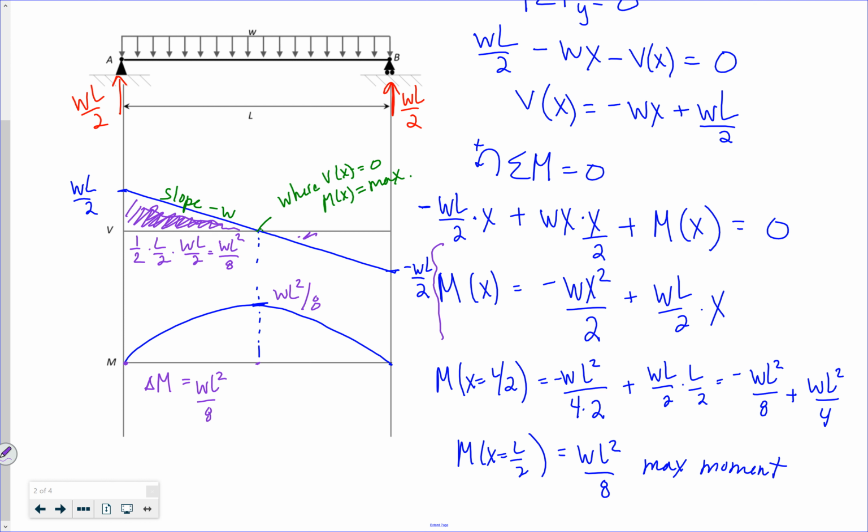Similarly, I can find the area on this side, right? Which is 1/2 base L over 2, because it's a triangle, L over 2 times negative WL over 2, so I get negative WL squared over 8. And lo and behold, I go from WL squared over 8 back down to 0. So it's equal to that area.